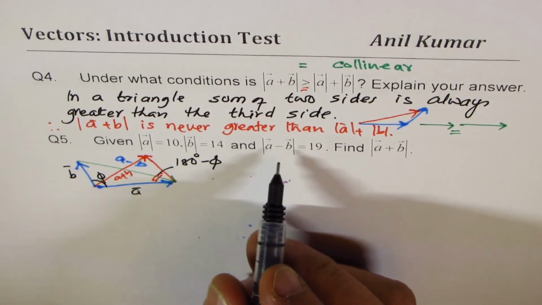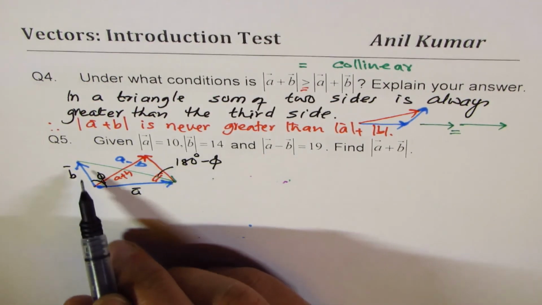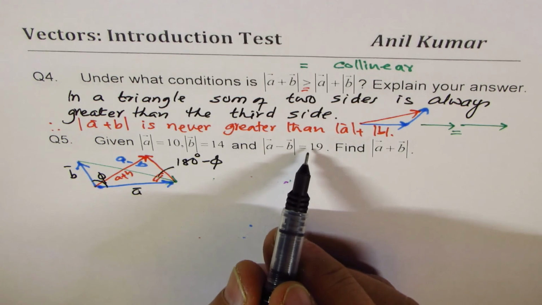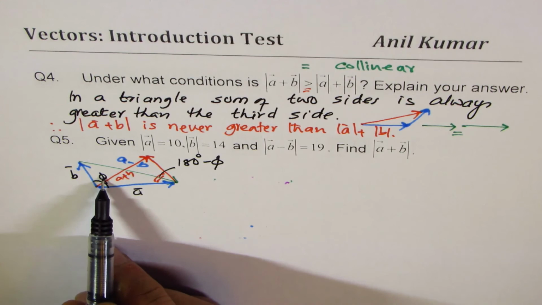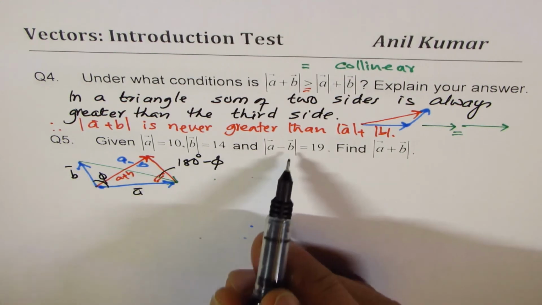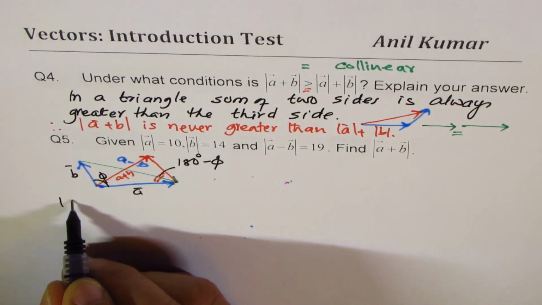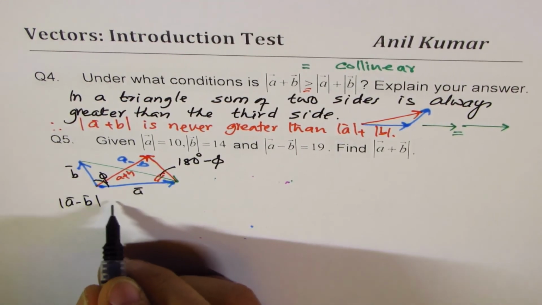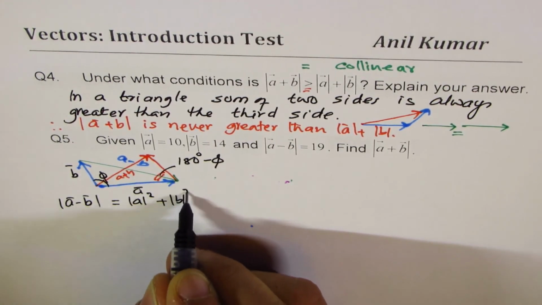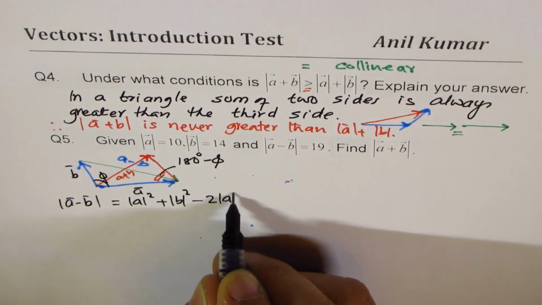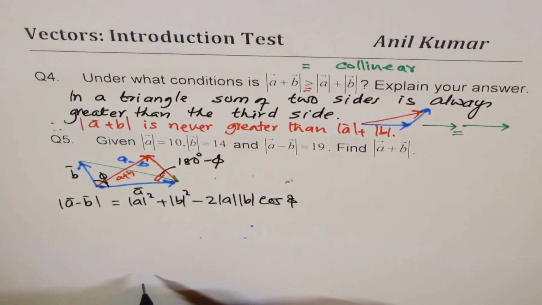So let's use the cosine law. We have a minus b. Let's find the angle between a and b using this formula. Perfect. So we are given a minus b, which is giving us that particular angle phi. Okay. So what we have here is the magnitude of a minus b squared is equal to the magnitude of a squared plus the magnitude of b squared minus 2 times the magnitude of a, the magnitude of b, and the cosine of the angle between them, which is phi.